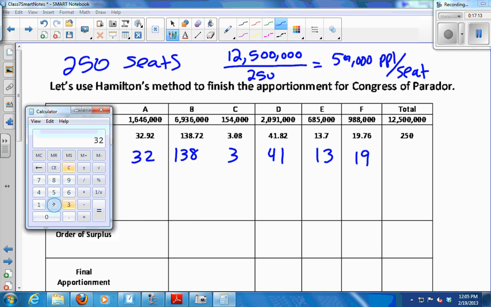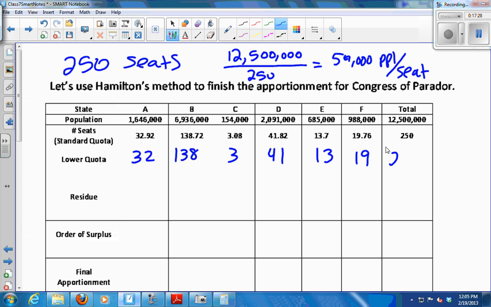I have 32 plus 138 plus 3 plus 13 plus 19 plus 41, 246. That's only 246 seats. I have 4 more seats open in Congress. So the question is, who should I give them to?